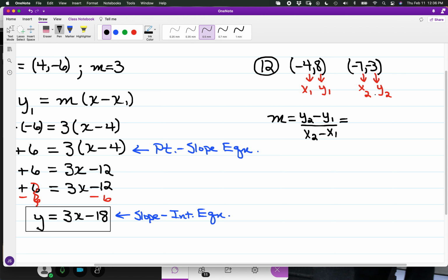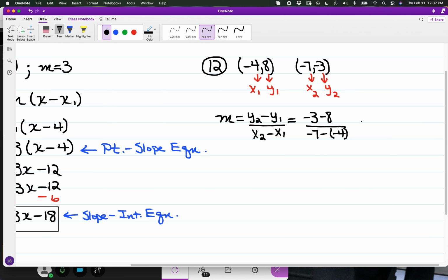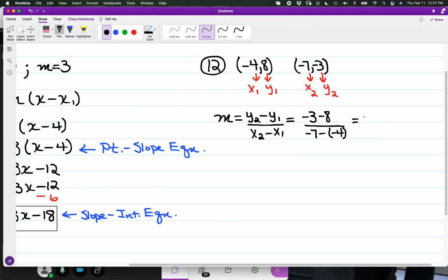So we're going to have y2 minus y1, so we have -3 minus 8. And for x2 minus x1, we have -7 minus -4. For the development, -3 minus 8 will be -11.